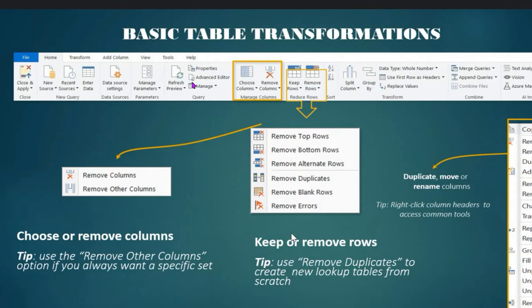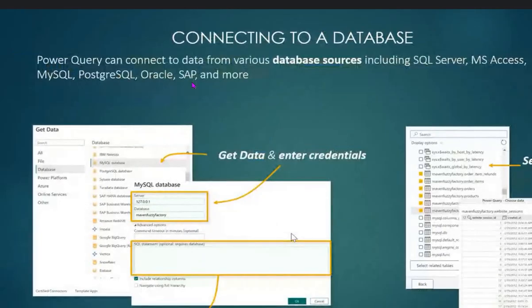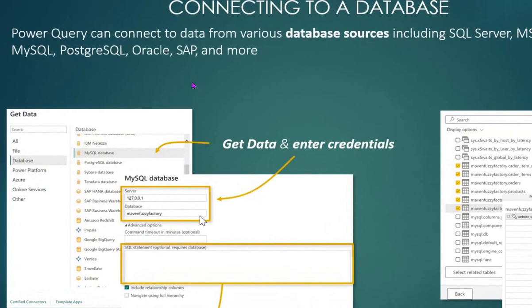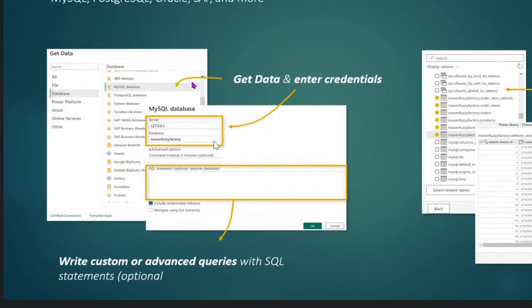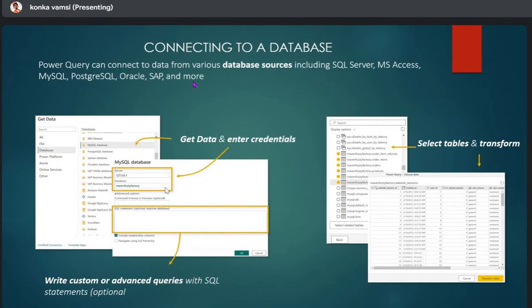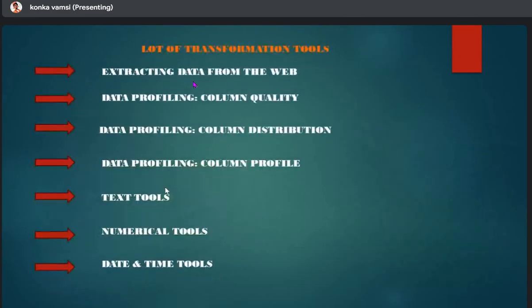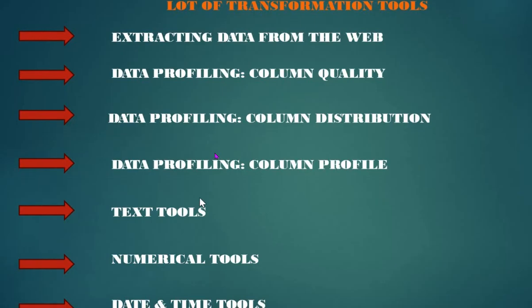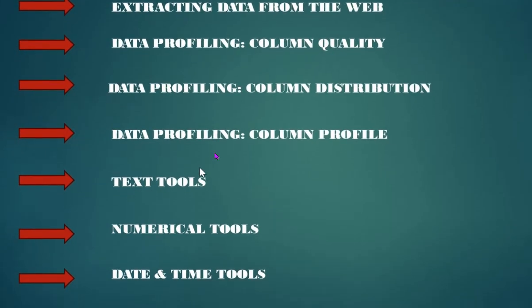So we can remove duplicates and rename the columns. These are the things we can do. And we can connect databases like MySQL, PostgreSQL, Oracle, SAP, and import everything into our Power BI query editor. The main transformation tools include extracting data from the web, and data profiling: column quality, column distribution, and column profiling.